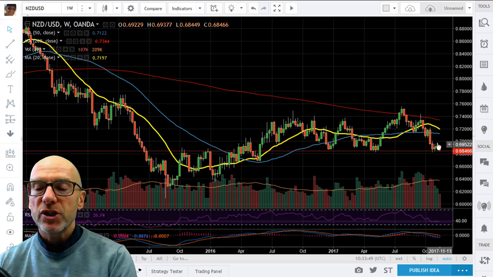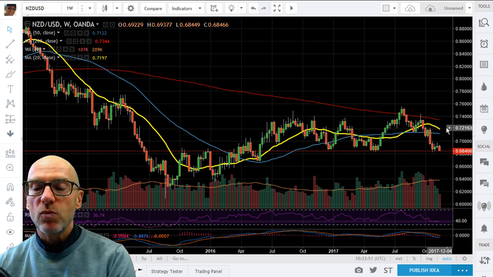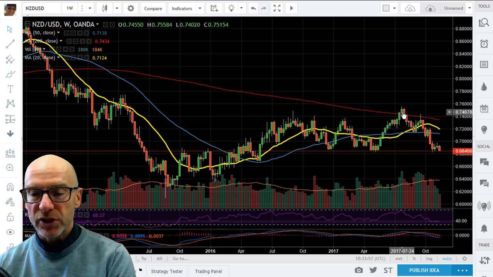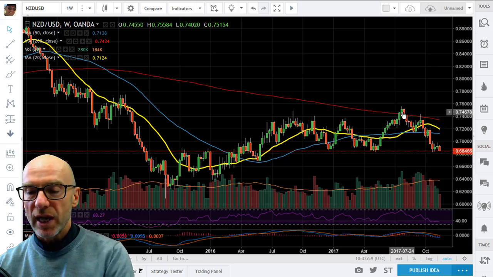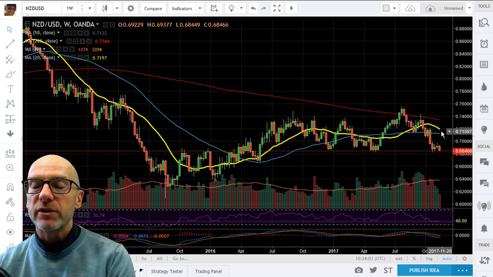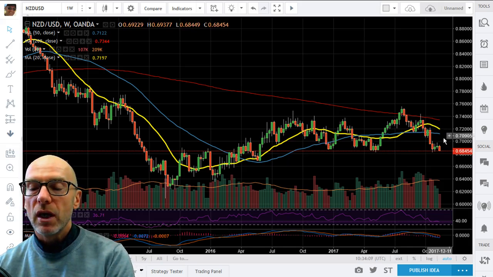The moving averages are all trading downwards and have created resistance on the upside. You can see that the 200 week created the resistance which halted the advance in July. And that shortly, probably in the next 3 to 4 weeks, the 20 will cross the 50 in a downward bearish cross, which could actually give the push to the downside.